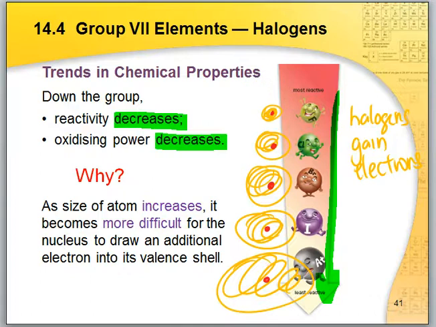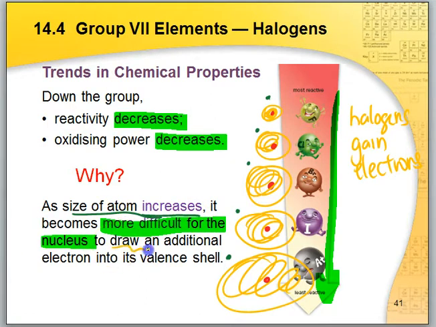If my electrons are somewhere around here, the distance between the electrons and nucleus is getting further and further. As the size of the atom increases, it becomes more difficult for the nucleus to attract an additional electron into its valence shell. So this is the trend.